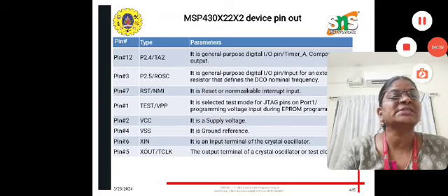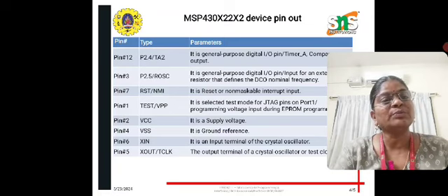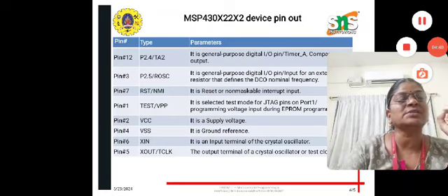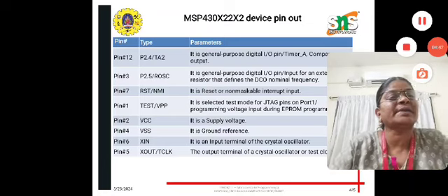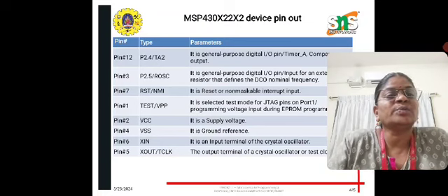Then it is selected as a test mode for JTAG pins, and also it is used as a supply voltage, like VCC, VSS. In all the pin structures, in all the dual in-line package ICs, we have supply voltage and ground, like VCC and VSS.